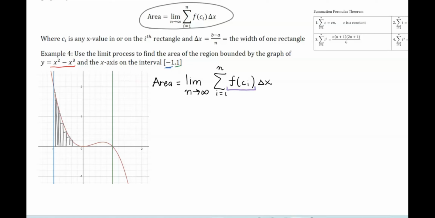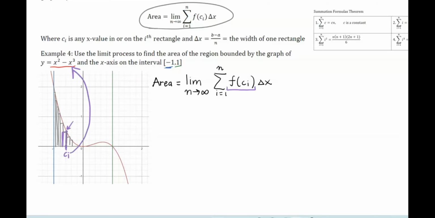f of ci represents the height of the ith rectangle. Let's say I'm talking about this rectangle right here. If I wanted to find the height of that rectangle, I would need to know what this ci, that x value, is, and then plug that x value into the function to see just how high it is.